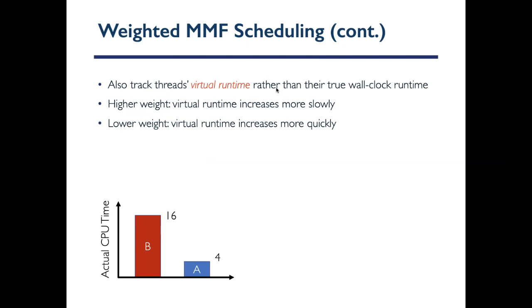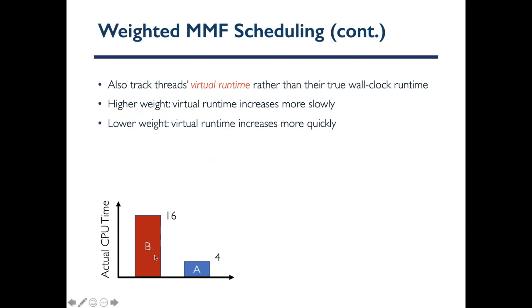Because if you remember with max-min fairness, when everybody has equal weight, we said, okay, just look at how much CPU time each task has gotten, and then try to equalize that. Now, if tasks have different weights, here is an example.